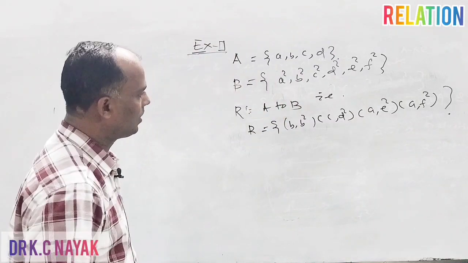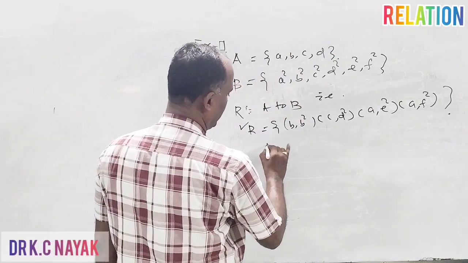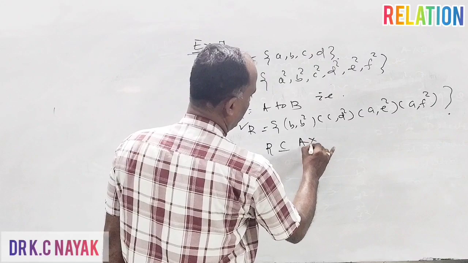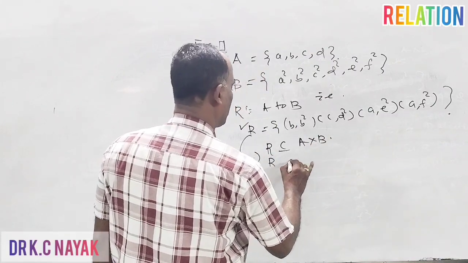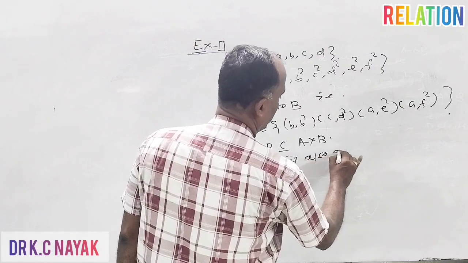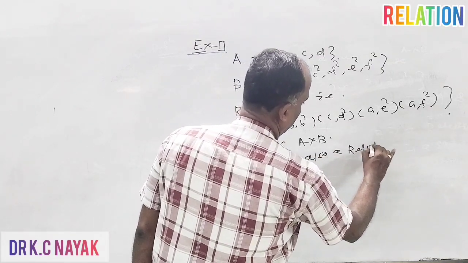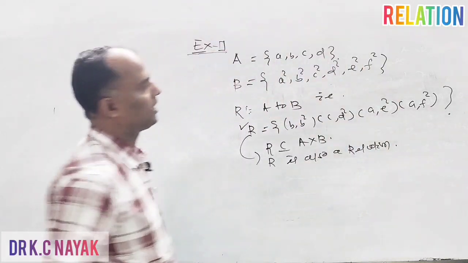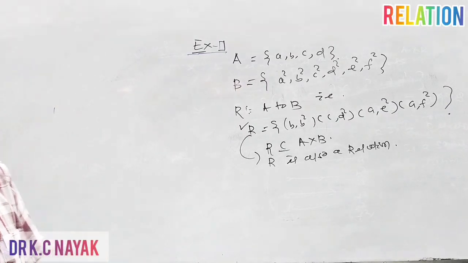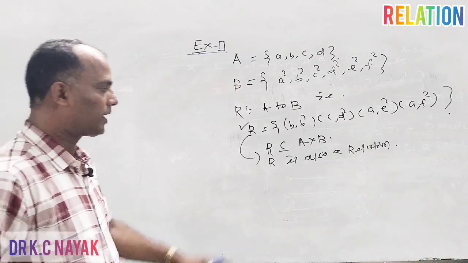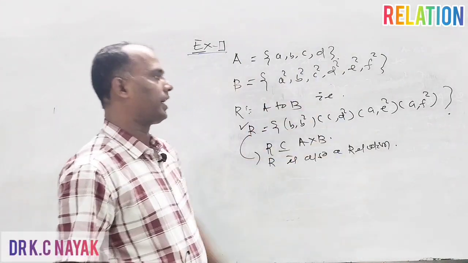What is the relation? R is a subset equal to A cross B. Here R is also a relation. Clear? This is my example 2, because R is a subset equal to A cross B.